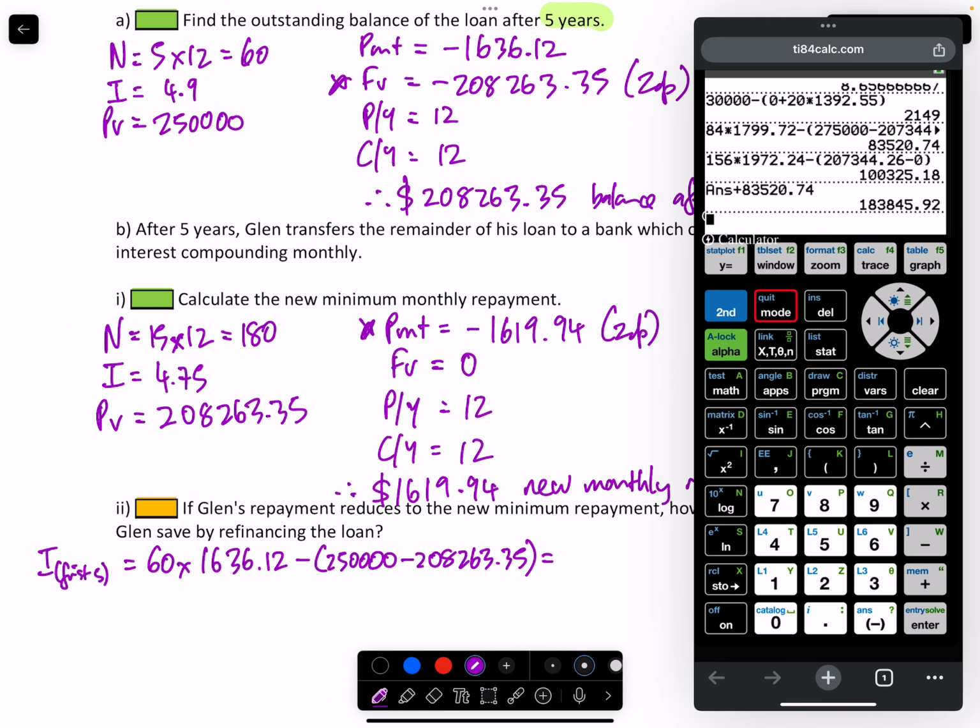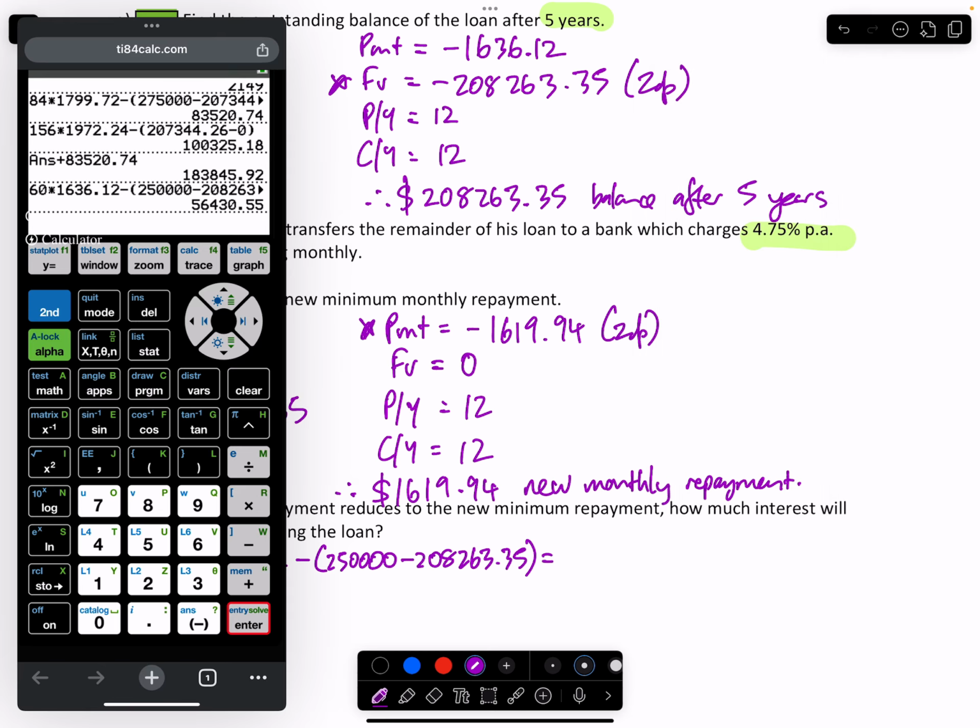So in the first 5 years, he paid $56,430.55 interest.